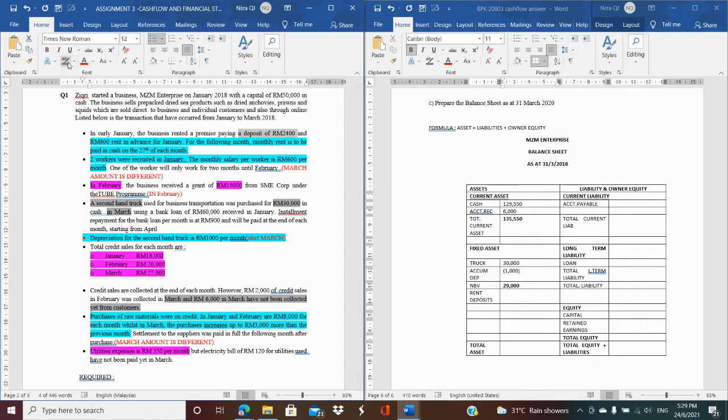So why do I say that this is an asset and it's long term? Because it's not being used up for that month. It's going to be used at the end of the rental period, so the rental period might be more than 1 year. So why do I say that this is a fixed asset? Because one, the duration is more than 1 year.